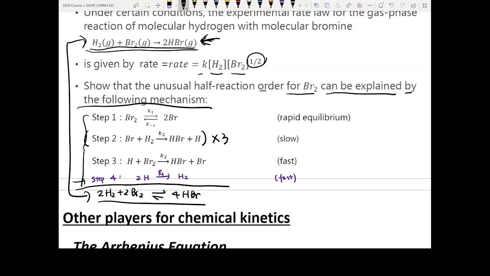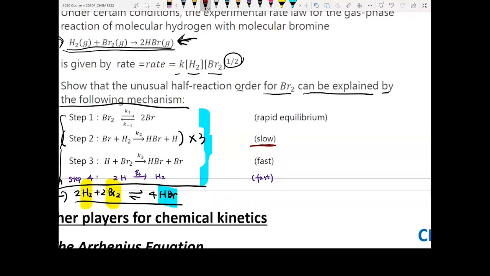And the second thing is to write down the reactants. The reactants will simply be your H2 and Br2. The product will be just your HBr. Anything that doesn't belong to your reactant or product is an intermediate. The third step is to find out the slowest step.